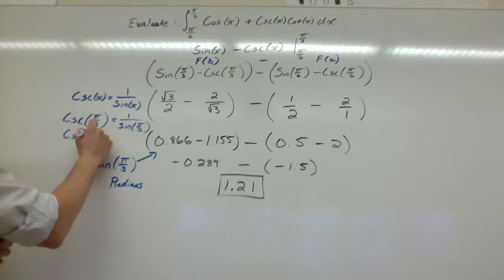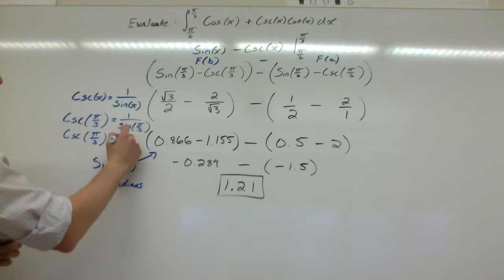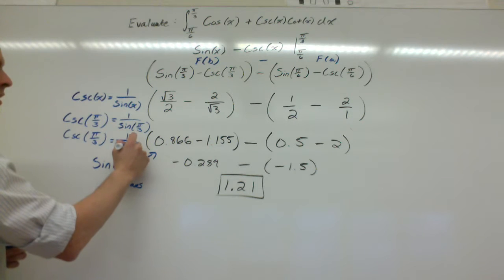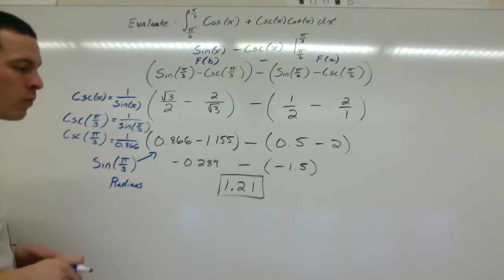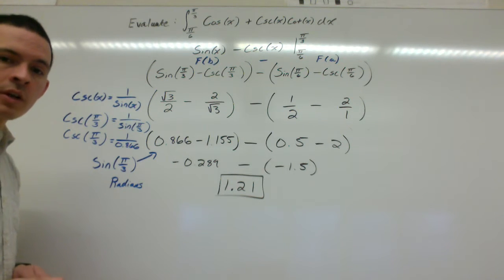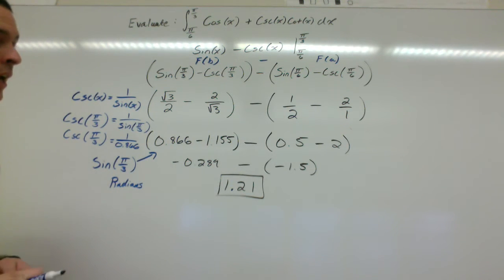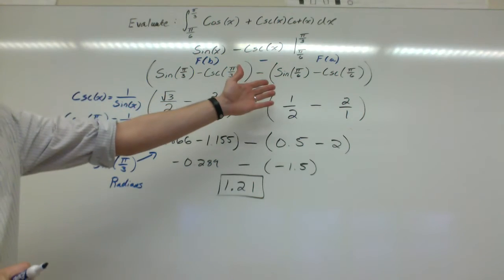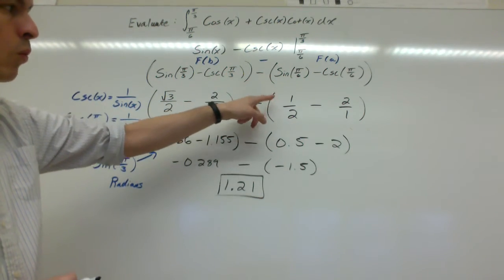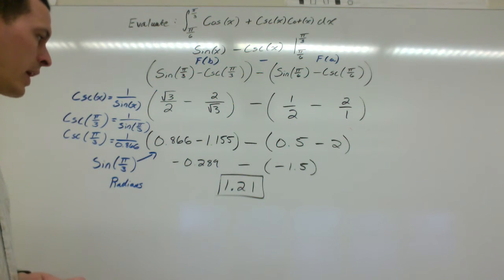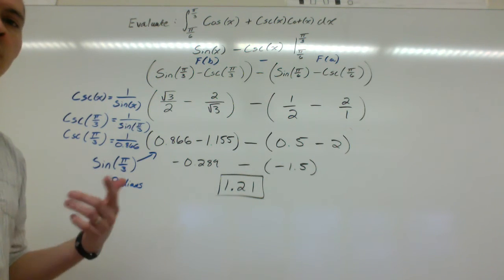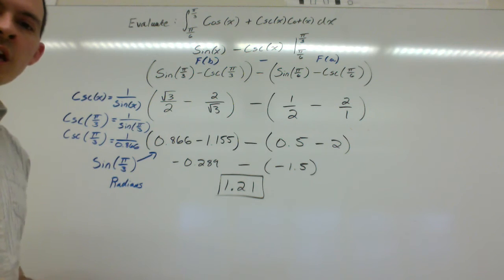So cosecant pi over 3 is the same as 1 over 0.866. When you plug that into your calculator, you would get 1.155. The easiest, most surefire way, and clearly you could do the same for the second portion, where if you did 1 divided by 0.5, you would get 2. It's an easy way to plug either cosecant, secant, or cotangent into your calculator.